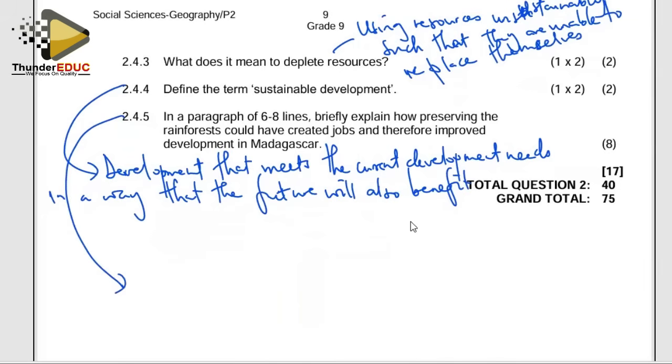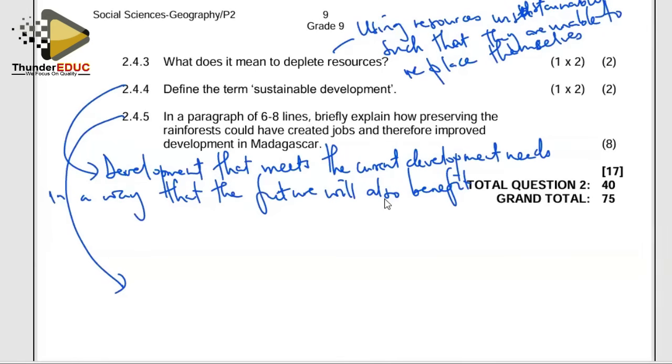In a paragraph of 6 to 8 lines, briefly explain how preserving the rainforests would have created jobs and therefore improved development in Madagascar. We are looking at a situation of development that is impoverished. If they were preserving the forests, it could have resulted in job creation. Right, what could be happening?